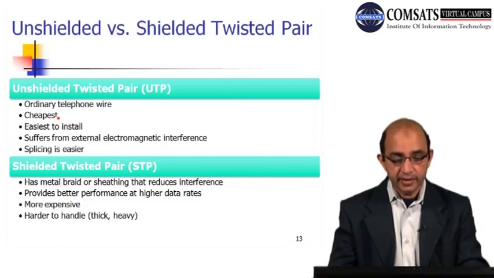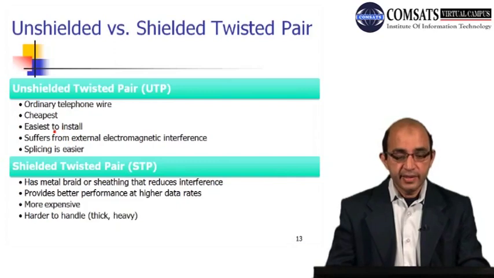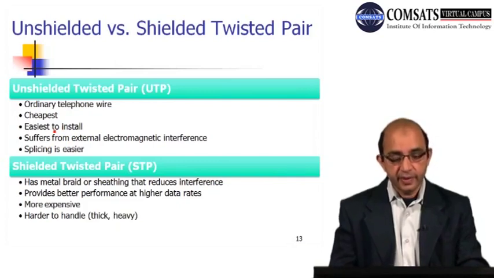It's cheap as opposed to STP or shielded twisted pair, and it's easier to install due to its flexibility. It can also pick up external EMI, electromagnetic interference, not internal, because internal is cancelled by each other, right? And we can splice it easily.